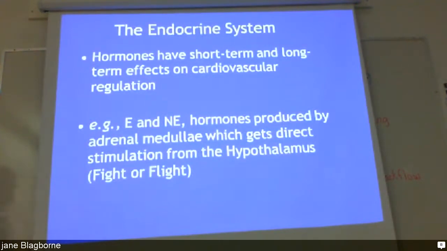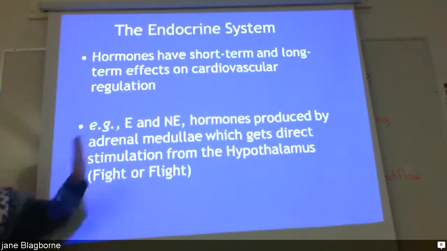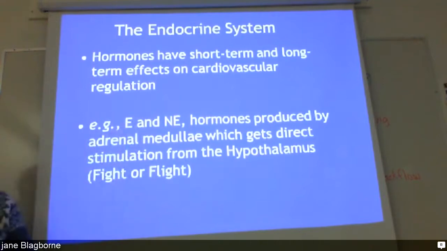Endocrine, again, we know all about the endocrine system. Your epinephrine and norepinephrine hormones, and of course the fight or flight. If it does affect your heart, it's going to increase your heart rate and dilate your vessels, do all those nice things, so you can run fast.